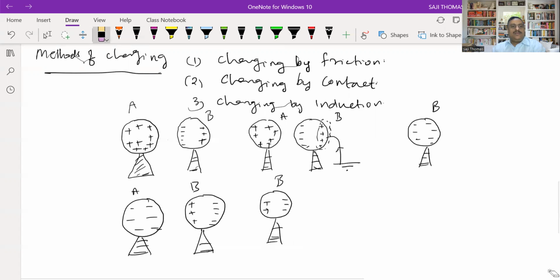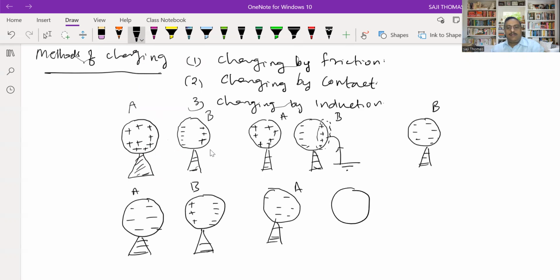During earthing, electrons will move to the earth.